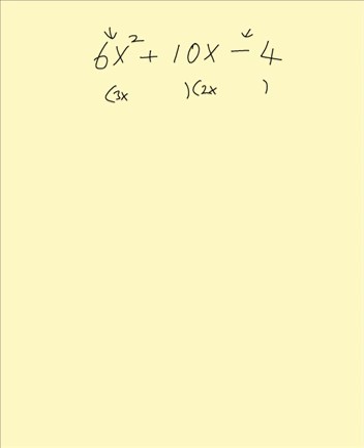Now because the second sign is a negative, we know that that implies that it's either going to be a plus minus or a minus plus within the brackets. So I'm just going to put minus minus for the time being, and then we'll figure out which one should be the plus. Now we're trying to get 10x here in the middle.